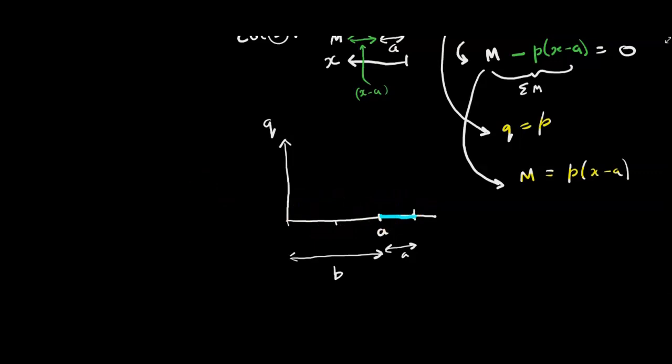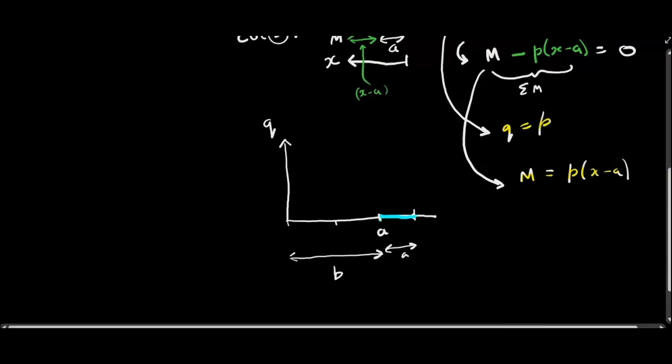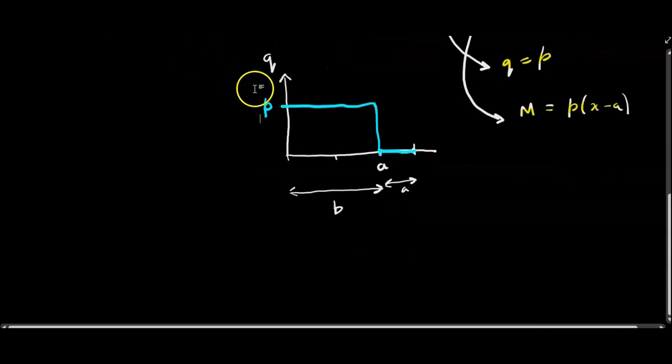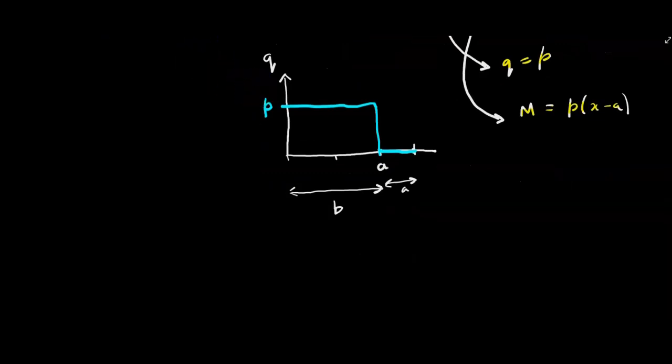So let's get my blue pen out. It's going to be a step up here, and then the shear force just has this constant value of P, whatever that is in newtons. Then if we come down, we do the same for the bending moment now.